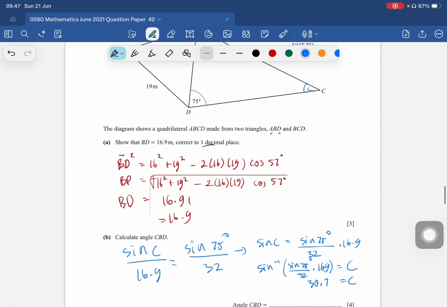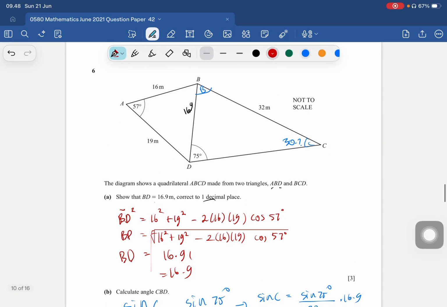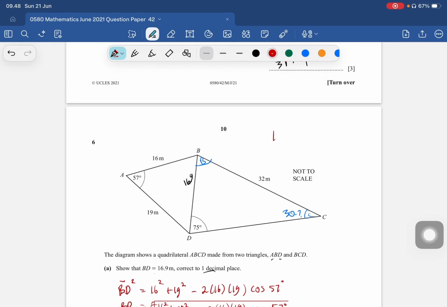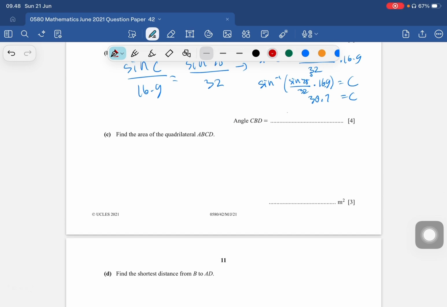In one triangle, the total of the angles is, sorry, 180. So 180 minus 75 degree, then minus 30.7. So we got 74.3. So the angle CBD is 74.3.